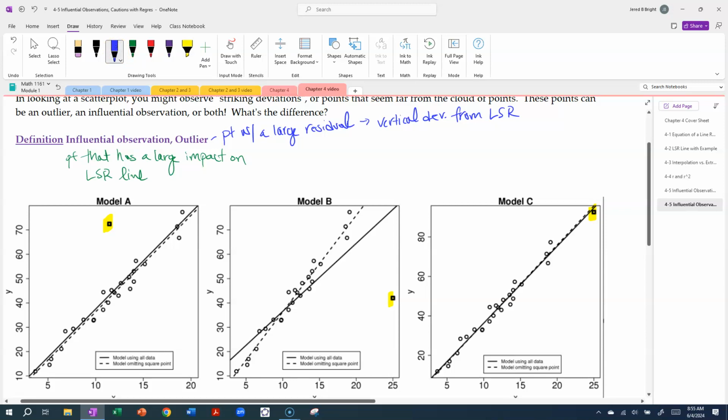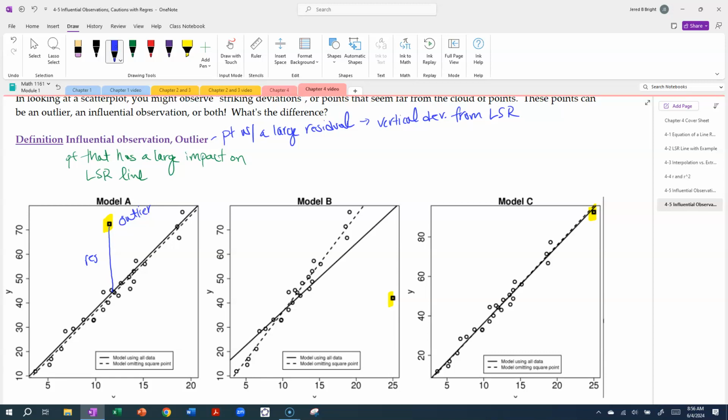So in this first one, if we look at it, here would be its residual. And so is it vertically deviated from the LSR line in a big way? Yeah, so I would say this one is definitely an outlier. Well, or we believe that it is an outlier. There's actual mathematics that we learned to classify outliers, right? Now, in terms of it being an influential observation, here you can see in this box it has two LSR lines made.